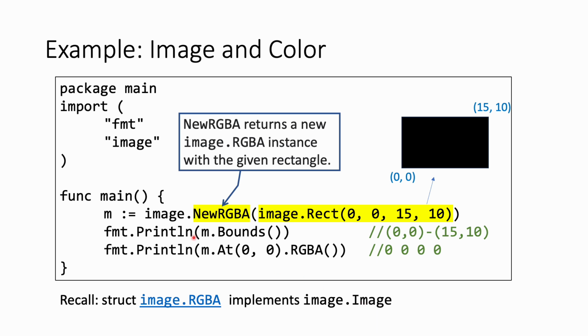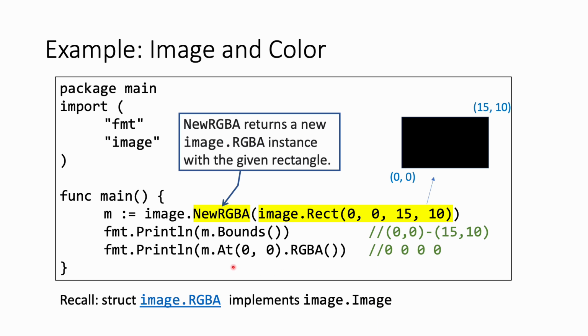Therefore, we can call the methods Bounds and method At of the image interface on the image value M. The method Bounds of image.RGBA returns a rectangle, and when we display that rectangle, it shows the locations of the lower left corner and the upper right corner.